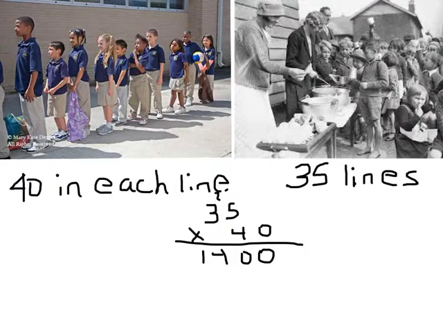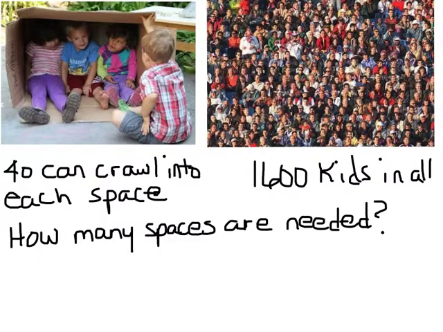Alright, let's go to the next one. Okay, now use your imagination a little bit on these pictures. I found the best ones that I could find on the web. Practice problem B says 40 kids could crawl into one space, and we're going to look at the box here as a space, okay?